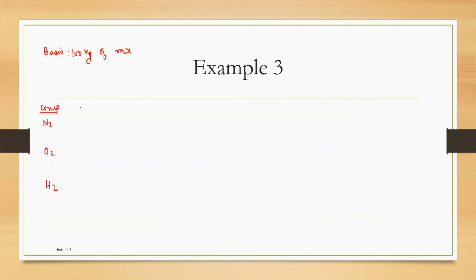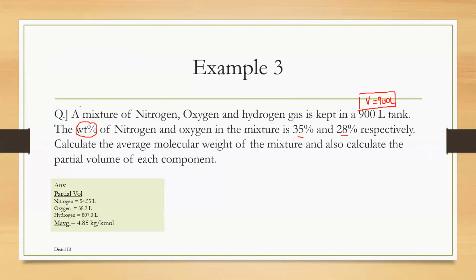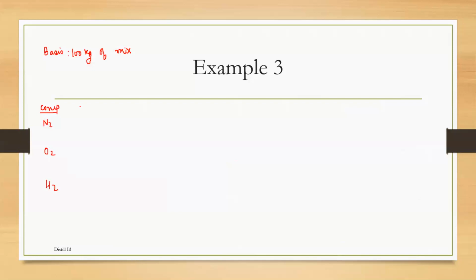Now, they have given us the compositions in weight percent, so we'll get weights. The weights are going to be 35, 28, and hydrogen is going to be 100 minus 35 minus 28, that is 37. These are going to be the weights of the individual components.